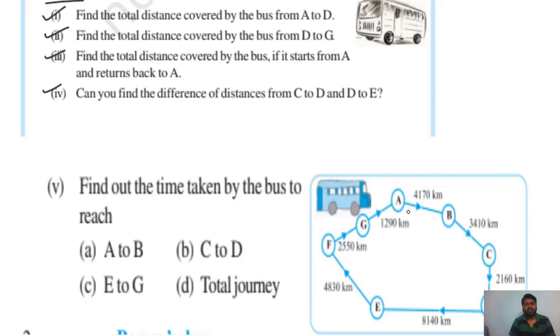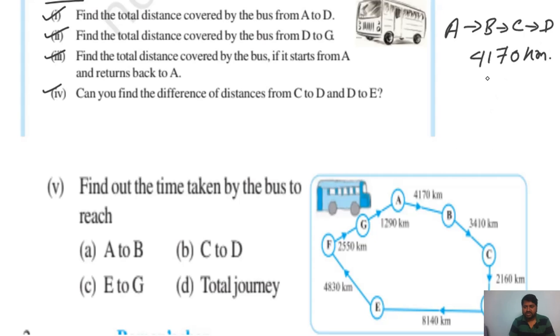We add the three parts and get the total distance covered. The first distance is 4170 kilometer.